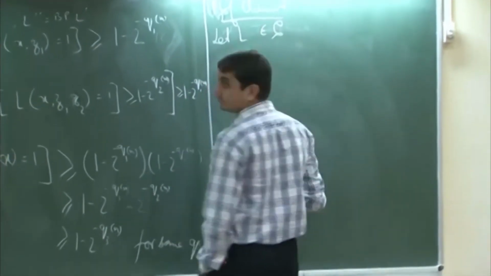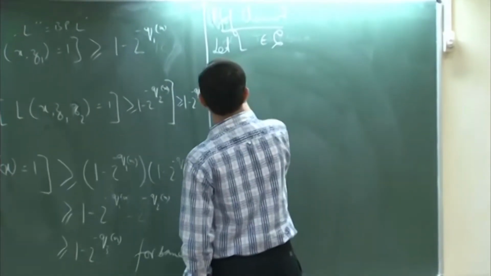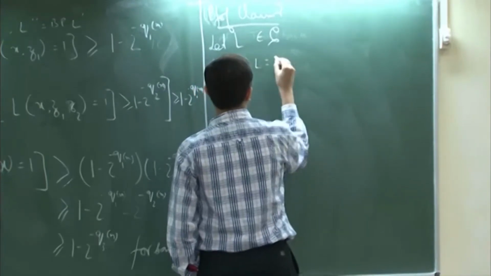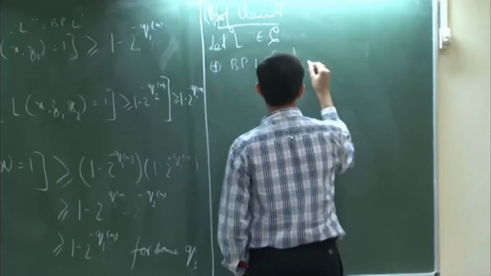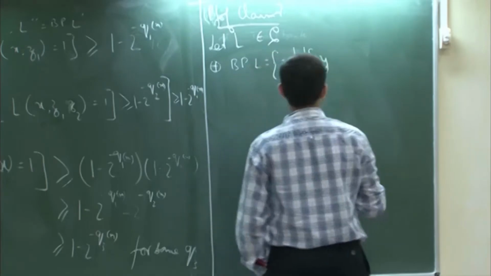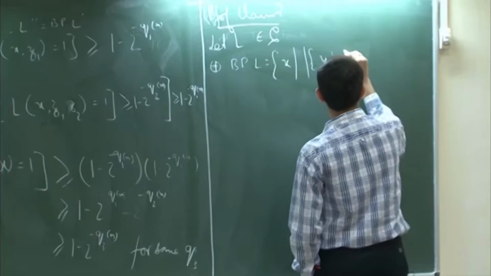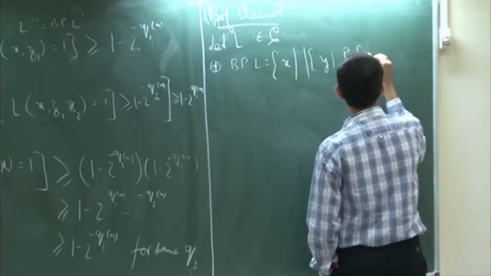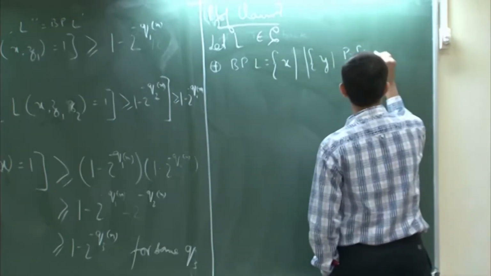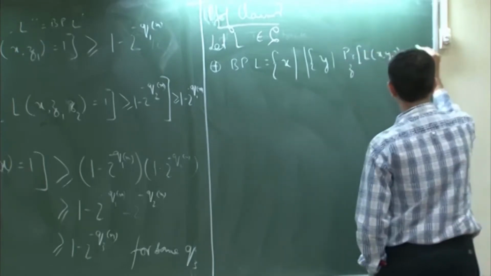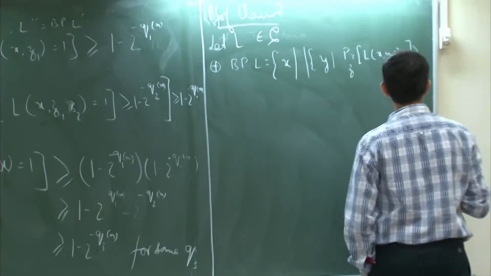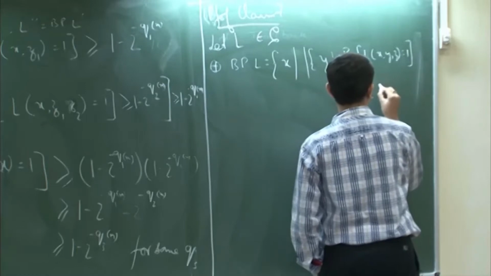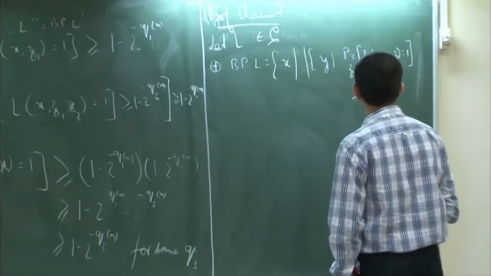Let L be a language in C. Then parity dot BP dot L is the set of all strings x such that the number of y's such that the probability over a random string z that L of x, y, z is equal to 1 is greater than 1 minus 2 to the power minus, let us say, q1 of n, is odd.